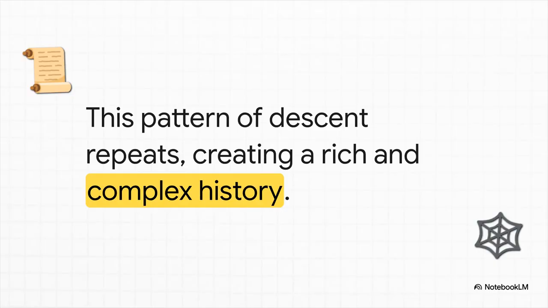Now just imagine that simple 3-step journey we took. That same pattern of parent to child to grandchild descent. Just imagine it repeating over and over and over across dozens of different branches. That's how this incredibly rich and complex history gets woven together.